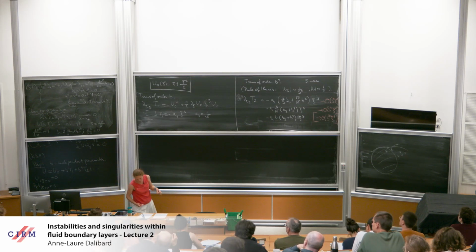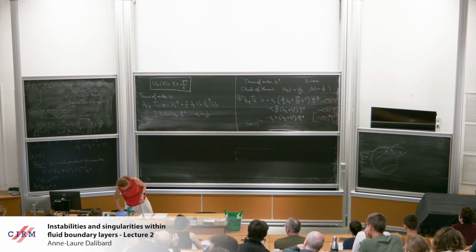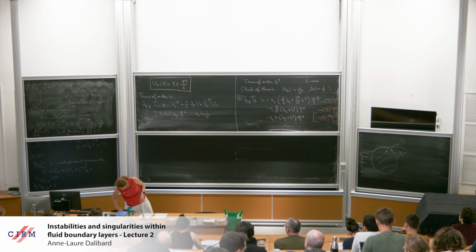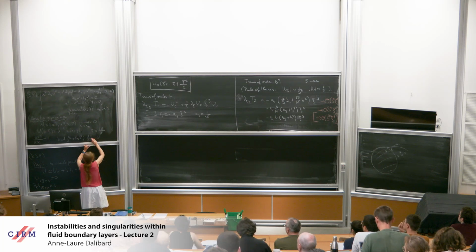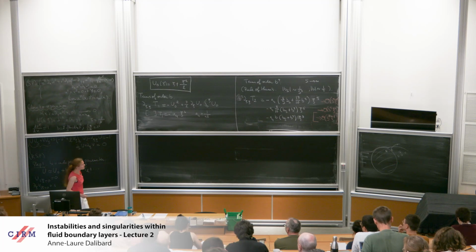Maybe I'm wrong, and it's lambda to the minus 4. Let me check. Maybe I just got the power wrong. Probably I did that. Yeah, sorry. It's dx over ds, which is lambda to the 4. Thank you.